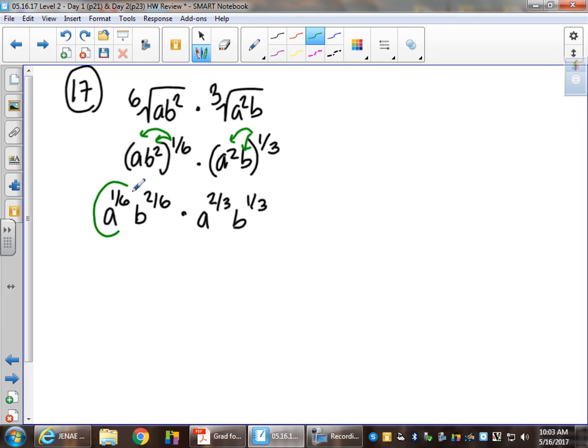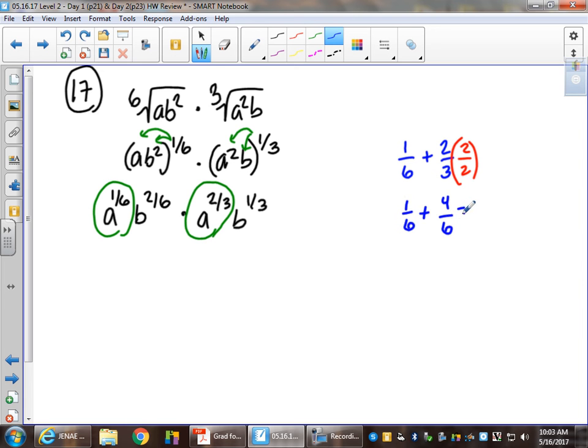So I want to get my A's together. Off to the side, I will work on 1/6 plus 2/3. To get that common denominator, I'm going to multiply by 2 divided by 2. That becomes 1/6 plus 4/6, which is 5/6. So I have A to the 5/6.